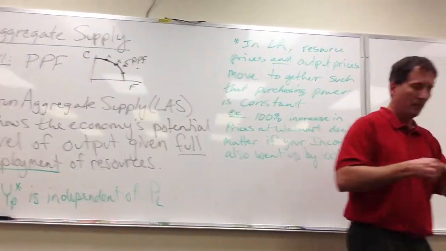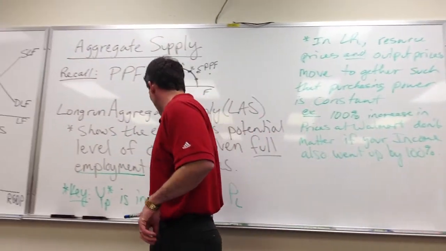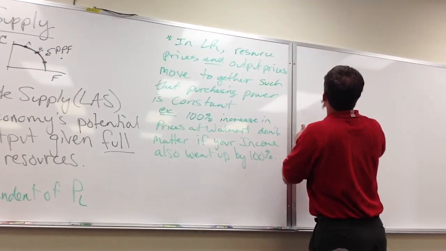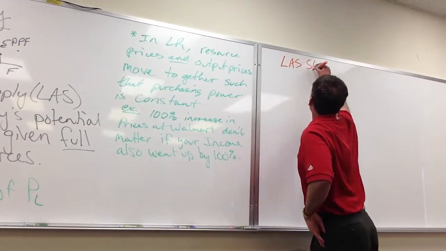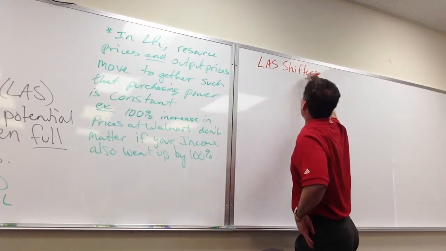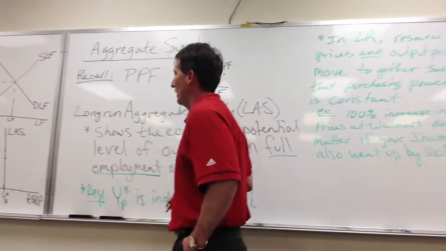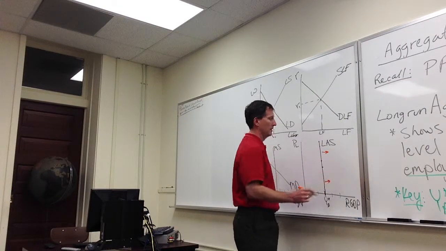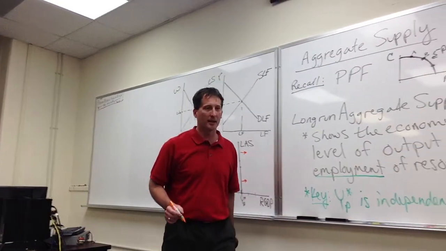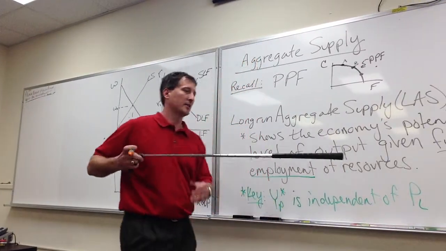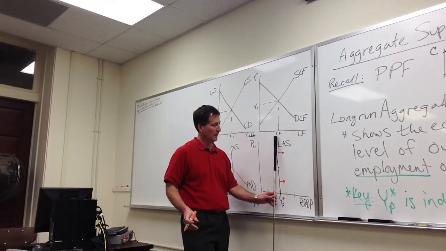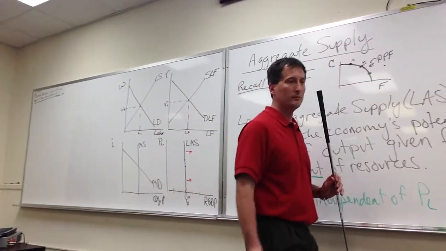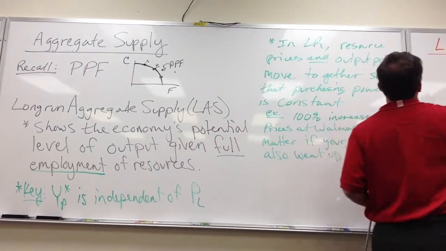Okay, so let's introduce some shifters since we're so close anyway here now. What are things that are going to make this thing creep to the right? What's going to make it move and start drifting over time this way? More resources.